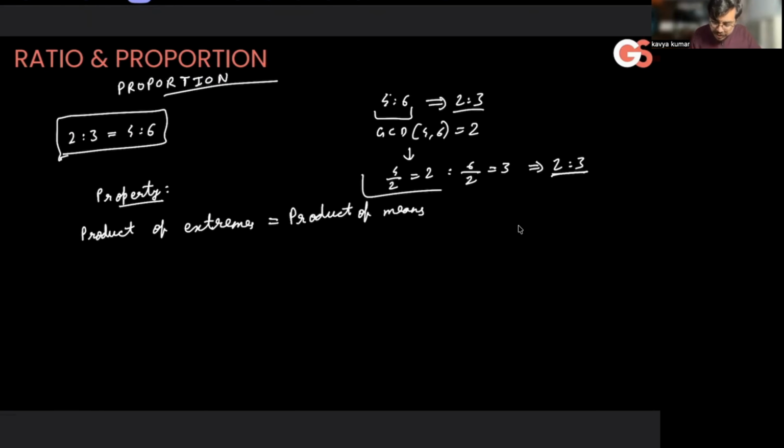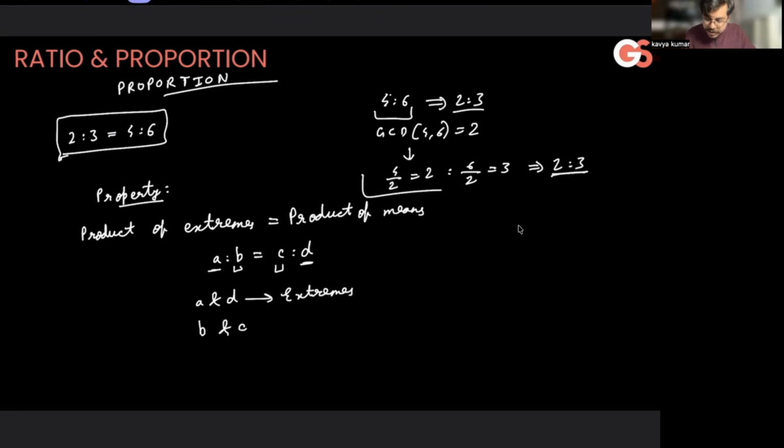If you have A is to B is equal to C is to D, then let's say A and D are the extremes, and B and C are the means. If you understand this, it becomes easy to understand this particular property. This property will help you find the unknown values.